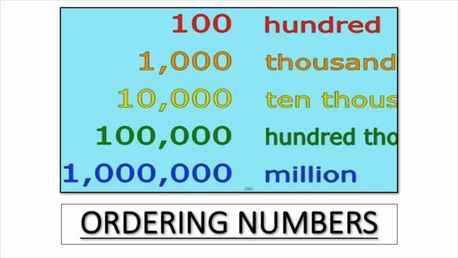Then the next biggest number after that, 10,000. Next we have 100,000. And then finally the biggest number, 1 million. You can see these numbers have been put into order based on size. And there's two different ways to do it, so let's find out.